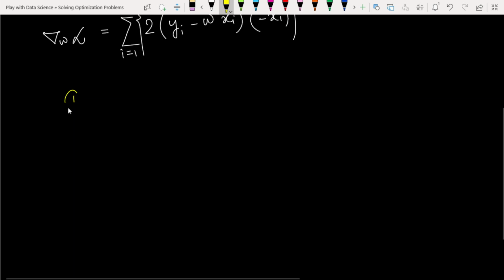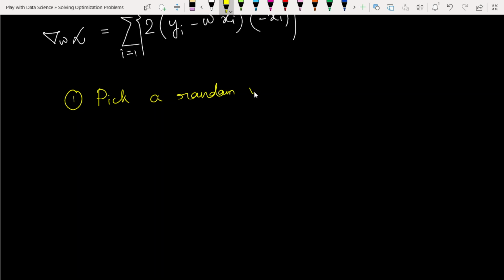First, we have to pick a random vector, since we have to calculate the minimum optimal value of W. Let's initially call it w naught.